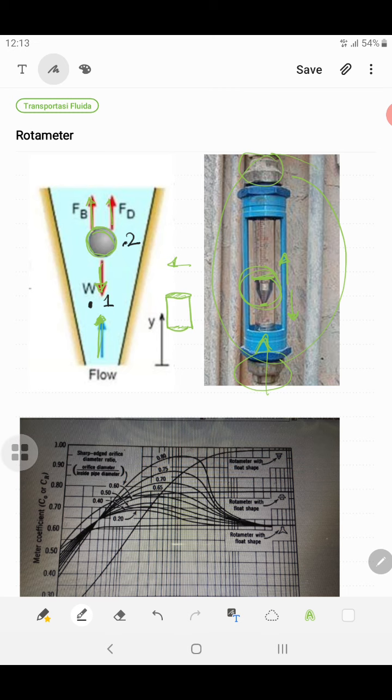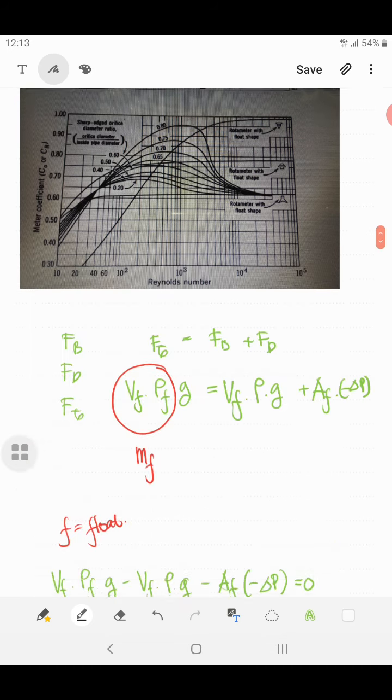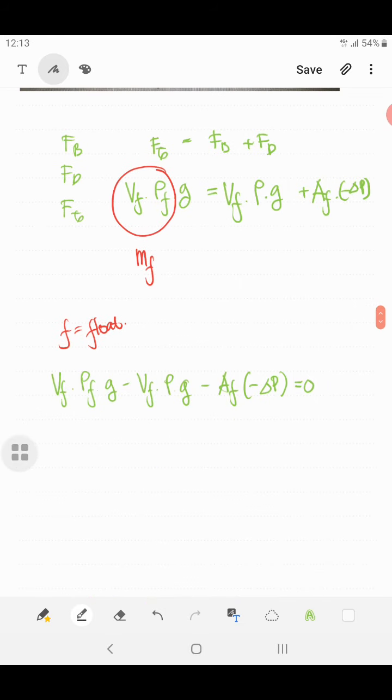Point 2 is here, which has a space between the measuring float and the pipe, so that we can write the Bernoulli equation.